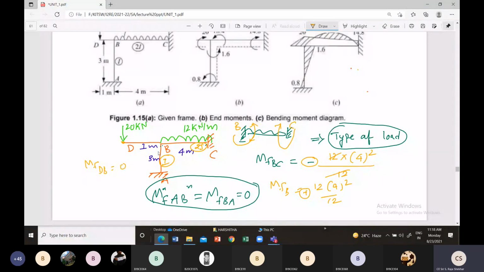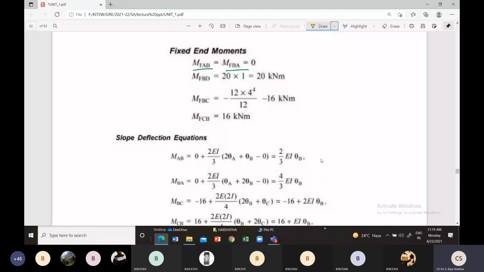Directly we can calculate the final end moment MBD, which is force into perpendicular distance: 20 into 1 meter, that is 20 kilonewton meter, the final end moment at support B. So MFBD is equal to 20, MFBC is equal to minus 16, and MFCB is equal to plus 16. Those fixed end moments we have calculated.